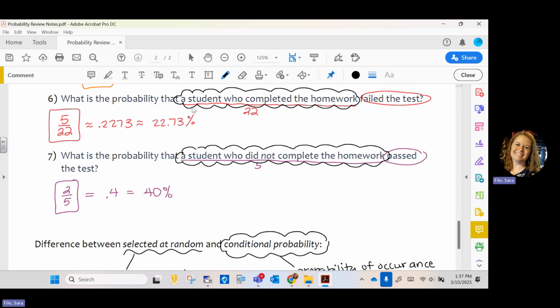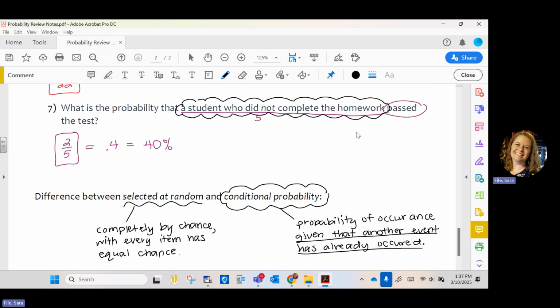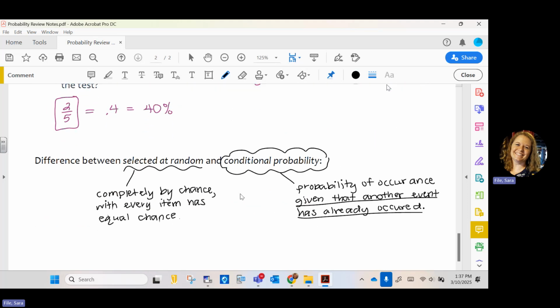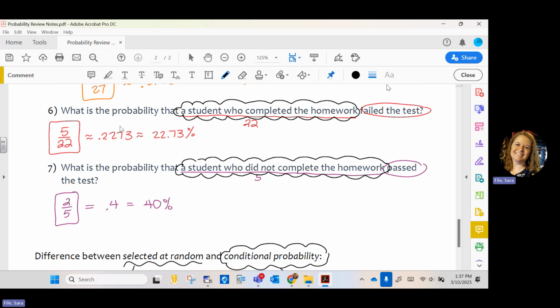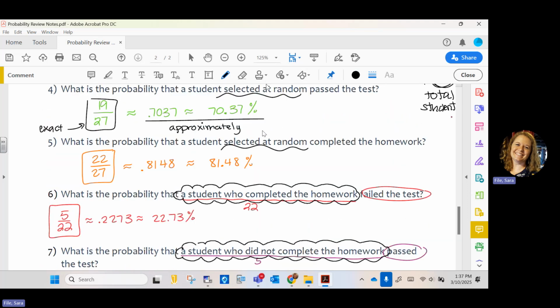The event that already occurred was the student completed or did not complete the homework. Then we found the probability of pass or fail, given that they did or did not do the homework. That is conditional probability. It takes into account the influence of another event. Does that make sense? So there were two conditional probabilities, number 6 and 7, and two selected at random.